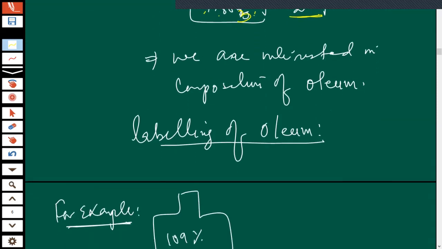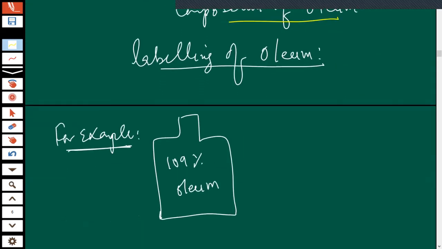So now we are interested in the composition of oleum. How can we write the composition of oleum? It is used in a commercial way, so we will come directly to that method only.